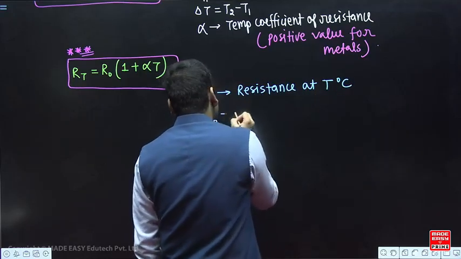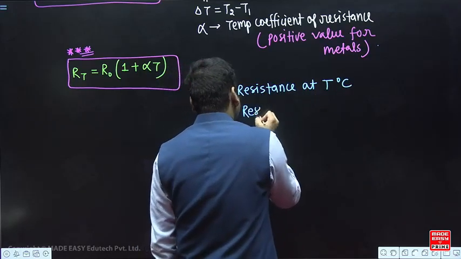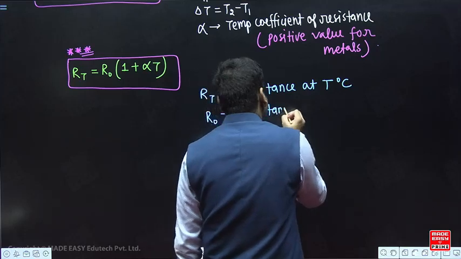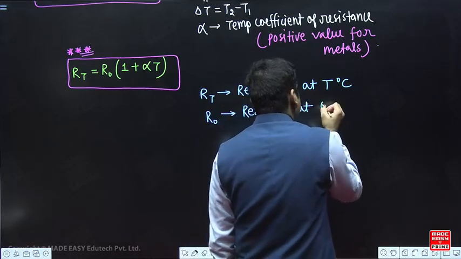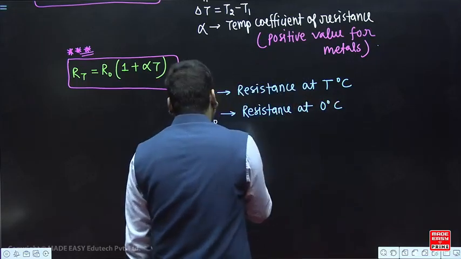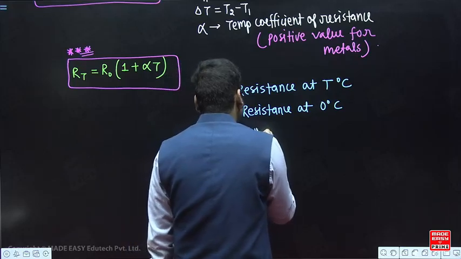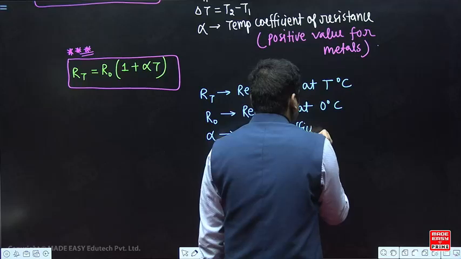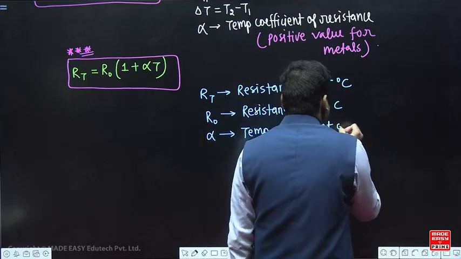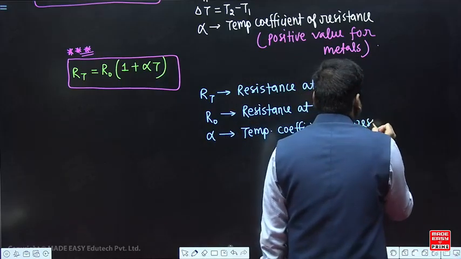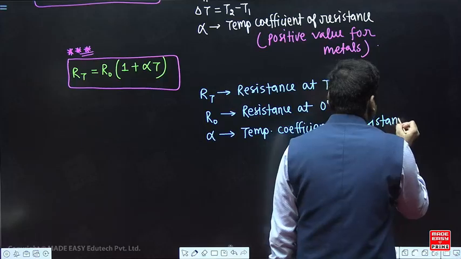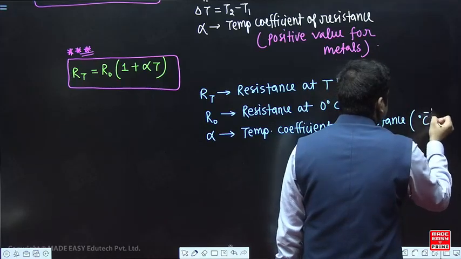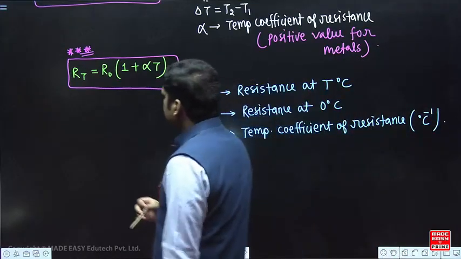R naught is resistance at 0 degree centigrade. Alpha is the temperature coefficient of resistance, whose unit is centigrade inverse, right?